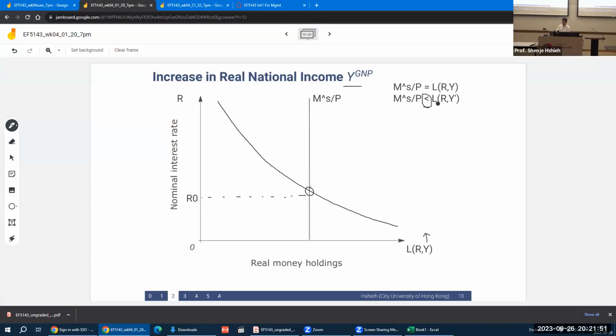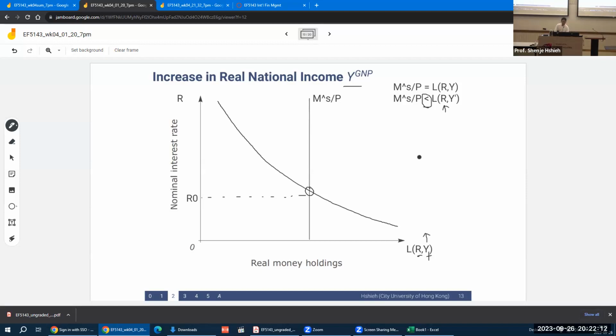This is too big. You want to make it smaller. So how do you make it smaller? That's the relationship, right? This is negative. This is positive. We want to make L smaller. How do we make it smaller? Increase interest rates, right? So you want R to increase.